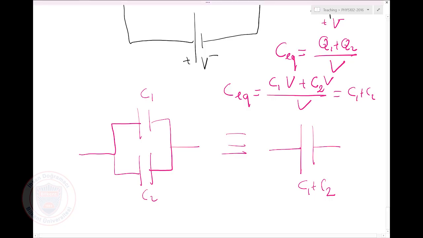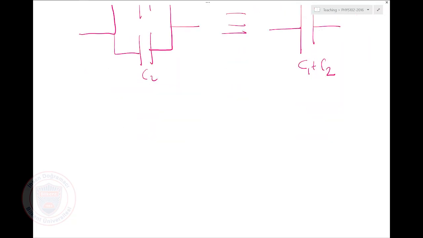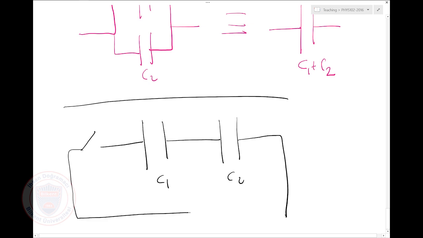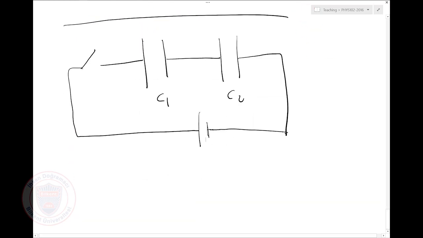Good. How about capacitors in series? What happens if I take two capacitors, C1 and C2? Let's say they are initially uncharged, and connect them to a battery.